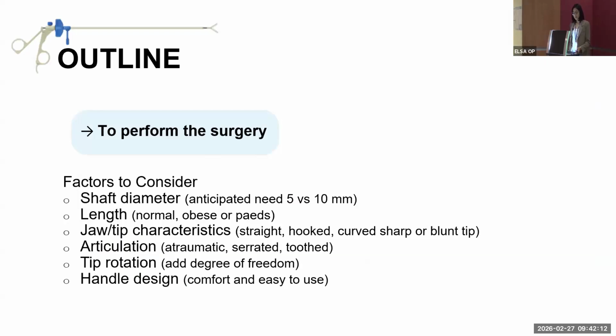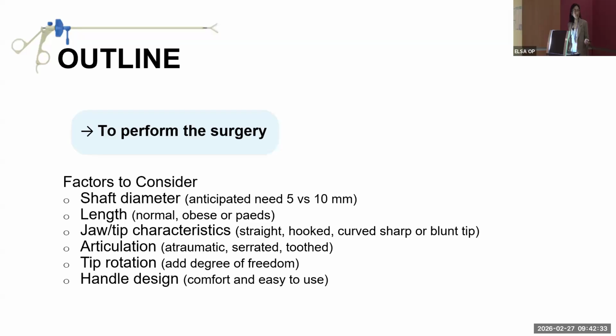The length as well. So there are longer ones for obese patients because we have a lot of adiposity to go through, so we can operate more comfortably. And shorter ones for pediatric patients, which are much smaller. And the jaw, ones that are straight, hooked, curved to facilitate dissection.